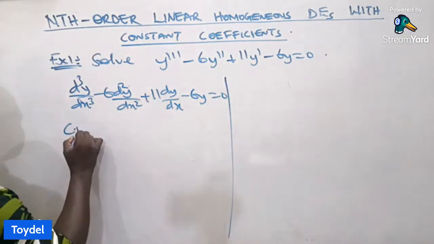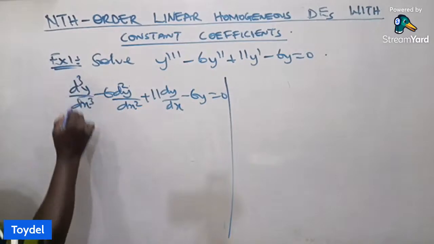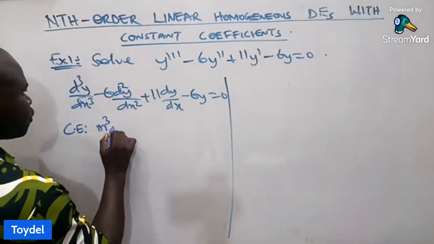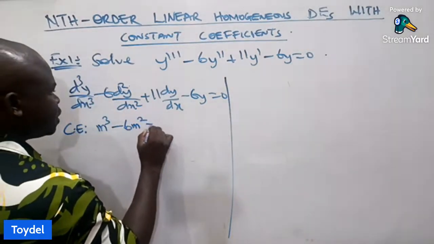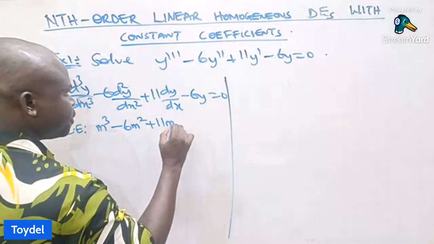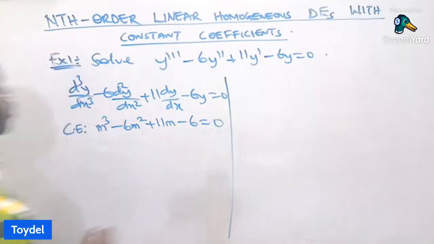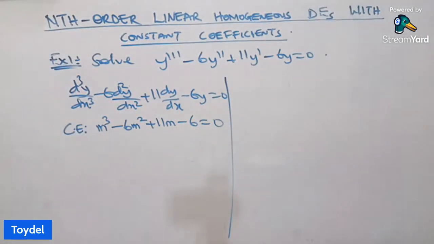So the characteristic equation will be m cubed minus 6m squared plus 11m minus 6 equal to 0. So this is a polynomial equation of degree 3.